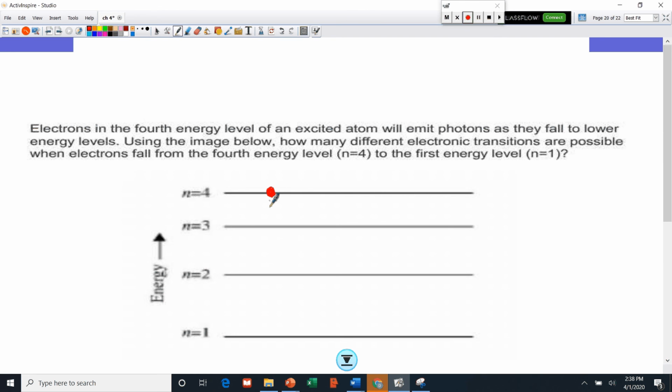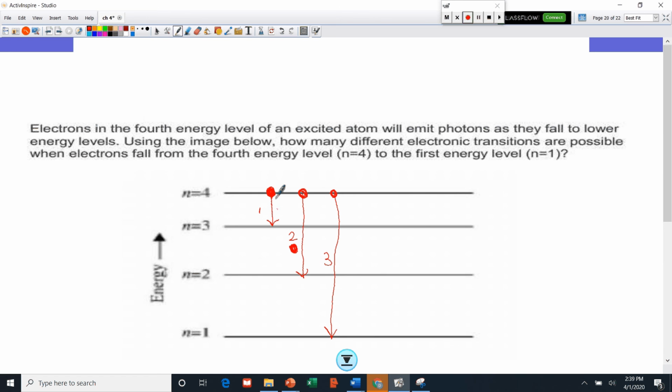Okay, so we could move from N4 to N3, so that would be one possible one. We could move from there to there. That's another possible one. We could move from here to here. So that's 3 possible ways.